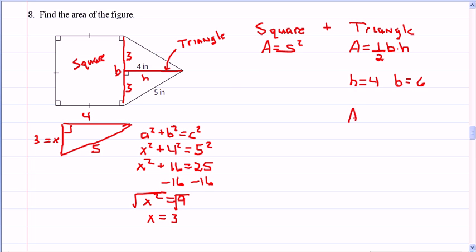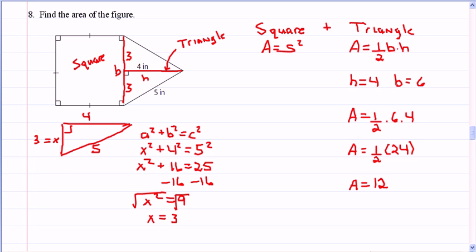So to finish the area of the triangle, I have 1/2 times 6 times 4, which is half of 24, and half of 24 is equal to 12.